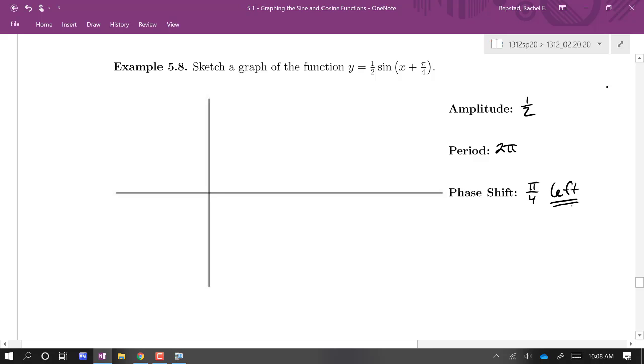Now, here's how I always graph these with a phase shift. I first just graph the function that doesn't have the phase shift. So I'm going to go out as far as 2 pi. It doesn't have to be perfect. And I'm actually going to graph it kind of lightly because I want the other one to stand out. Oops. Our amplitude was 1/2. So I'm going to have 1/2 and negative 1/2.